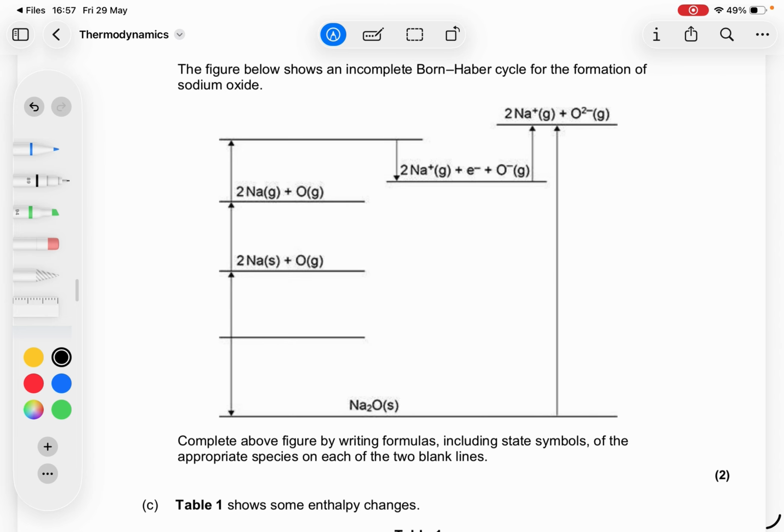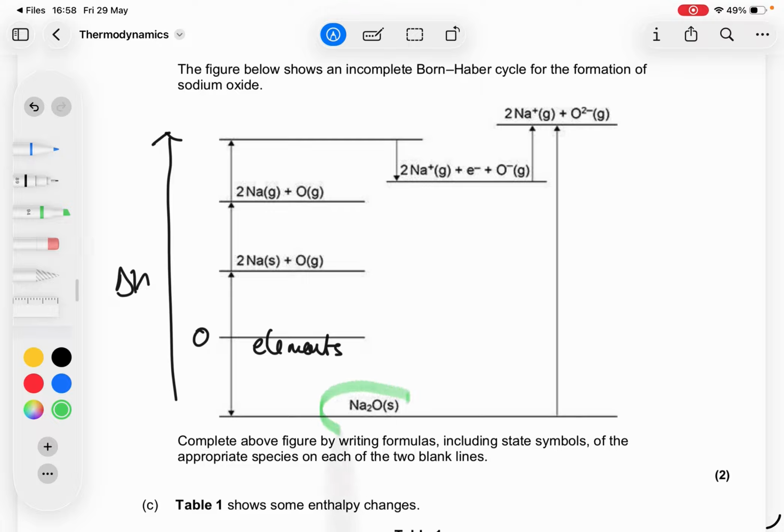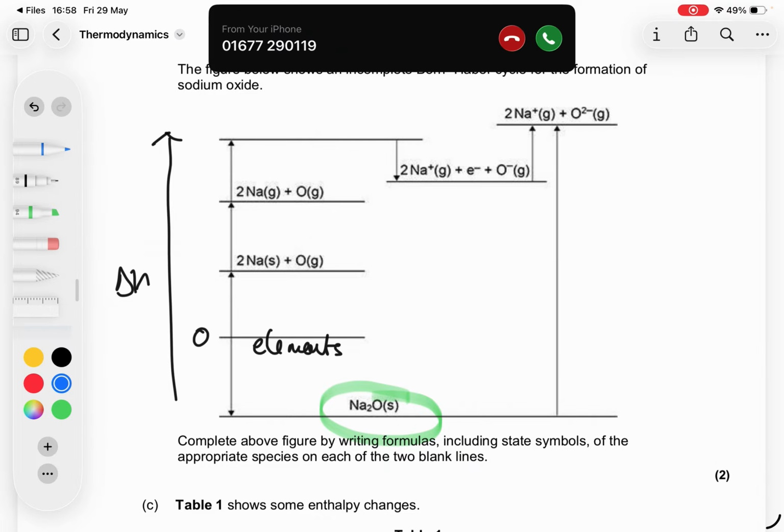So what do we have in a Born-Haber cycle? If that is my enthalpy change, that's 0 there because your elements are there. So we always start with elements. And the solid we are making is sodium oxide.